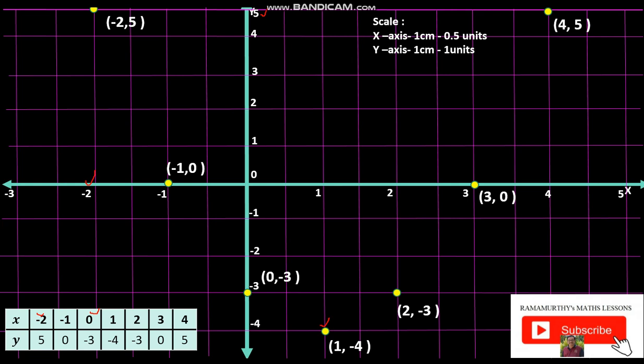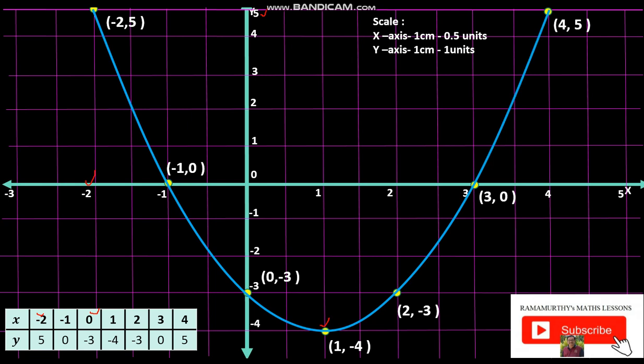Join all these points with a curve like this. The parabola meets the x-axis at negative 1, 0 and 3, 0.